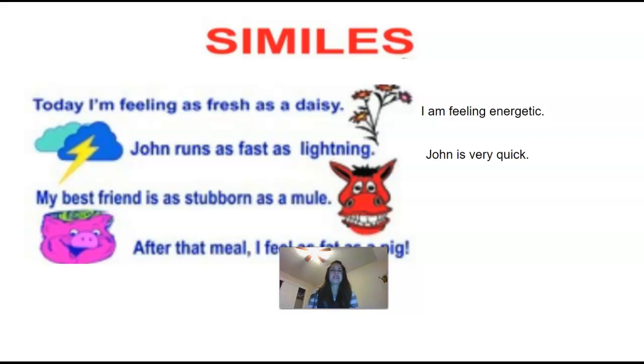And I can picture a mule standing still, maybe even going, hee-haw, hee-haw, not listening to what its owner is telling it to do. So mules don't listen. This simile is helping me to visualize that. He never does what someone tells him to do.